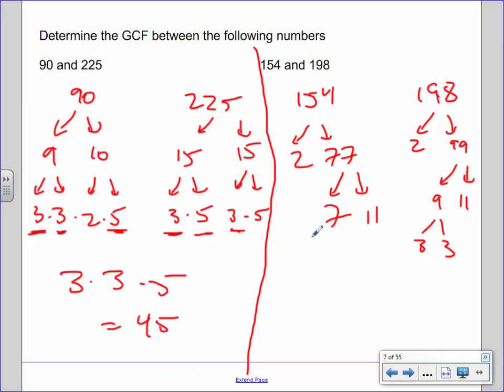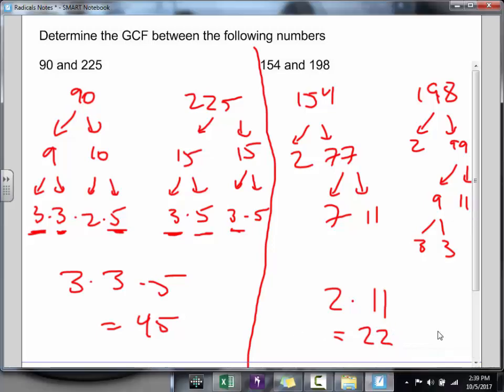Do they both have a 2? Yep. Do they both have a 7? No. They both have an 11. This one has 3s, but this one doesn't. I think we're done. So therefore, the greatest common factor between these guys is, 2 and 11, we're multiplying, 22.